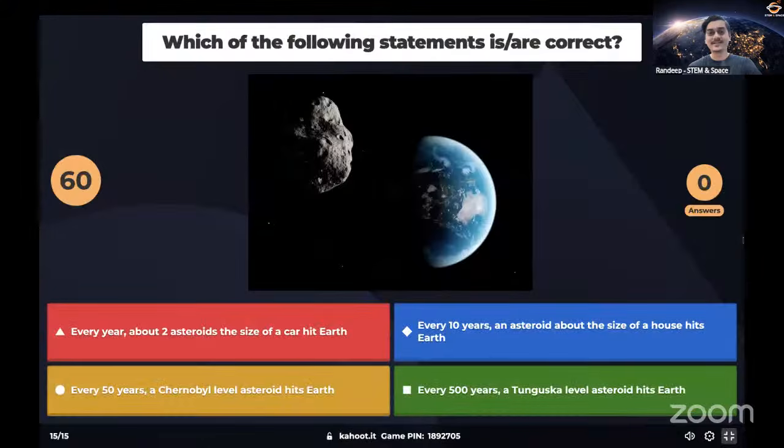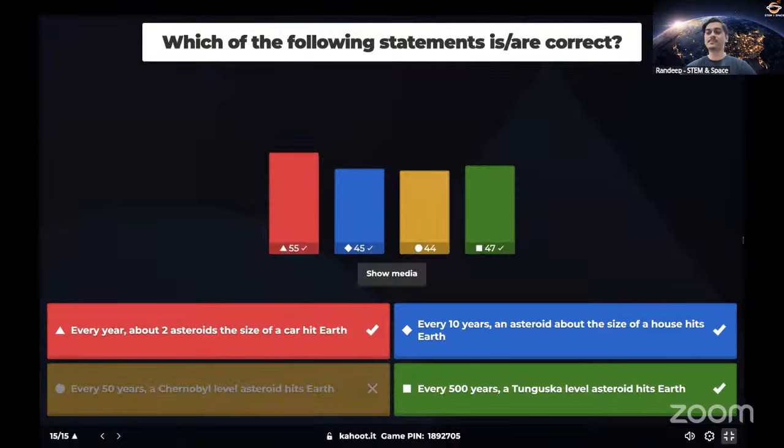Which of the following statements is or are correct? Well, the correct answers are the red, blue, and the green one.